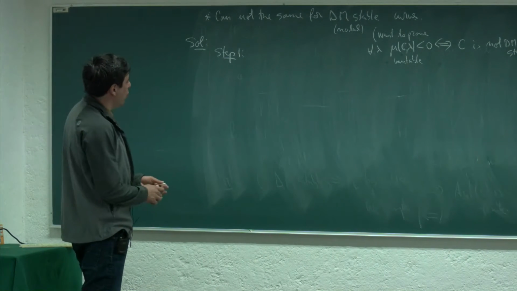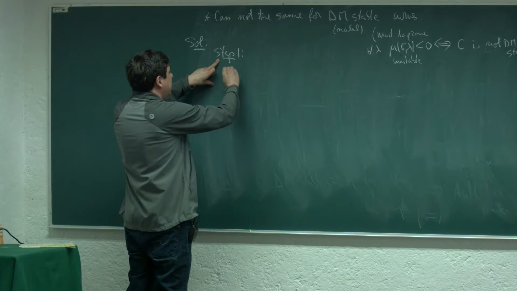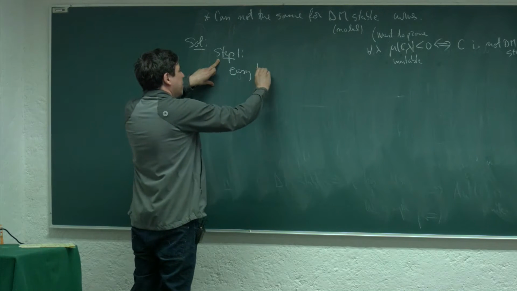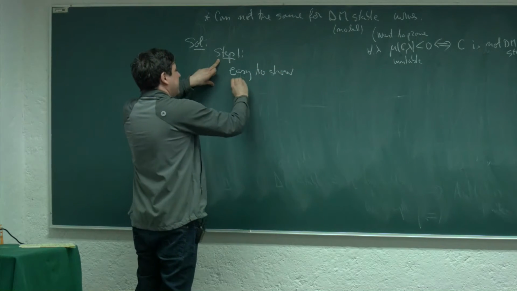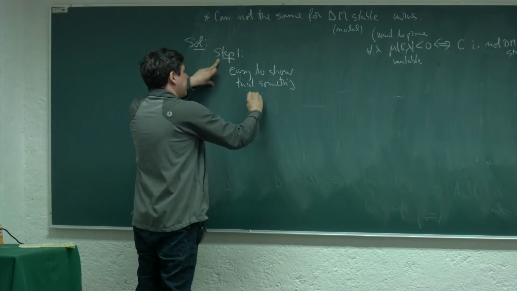You can actually do only one direction, and this is the step one. Let me comment here. It is easy to show that something is unstable.